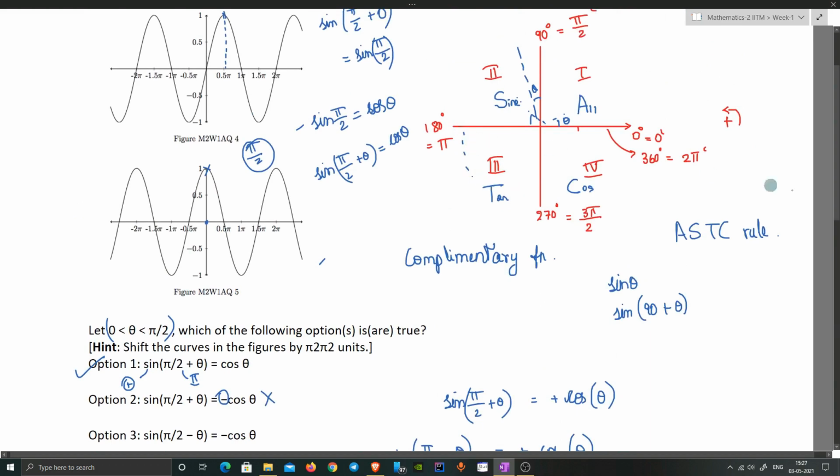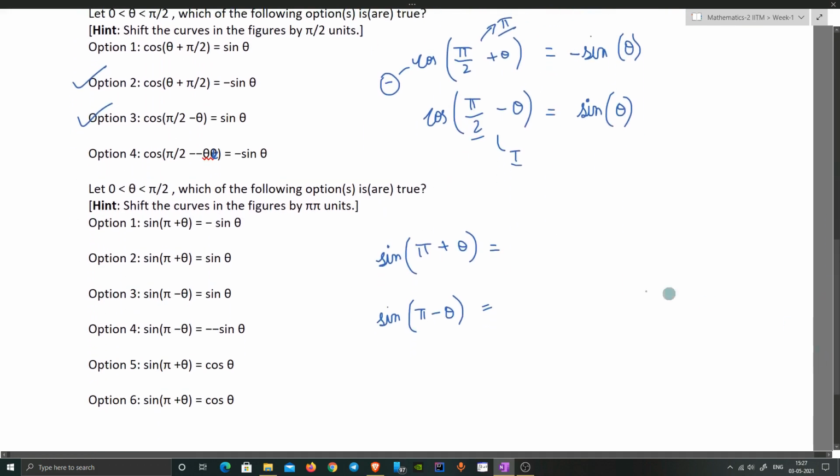This angle is in the third quadrant. In the third quadrant only tan is positive, so sine will be negative, so we'll have a negative sign. Because of pi, there is no need to change it to cos. We can simply neglect pi: sine of theta.